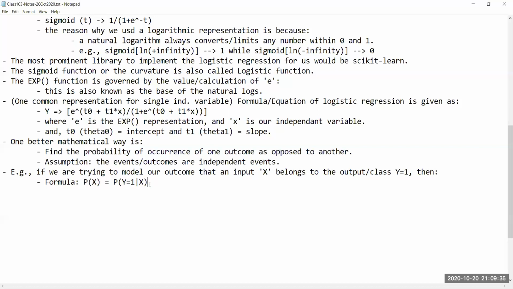Now, the question comes, why are we trying to predict the probabilities? We're trying to predict the probabilities because at the end of the day, our logistic implementation is restricting us within the range of 0 to 1, because that's the kind of use cases we are trying to solve using logistic regression.